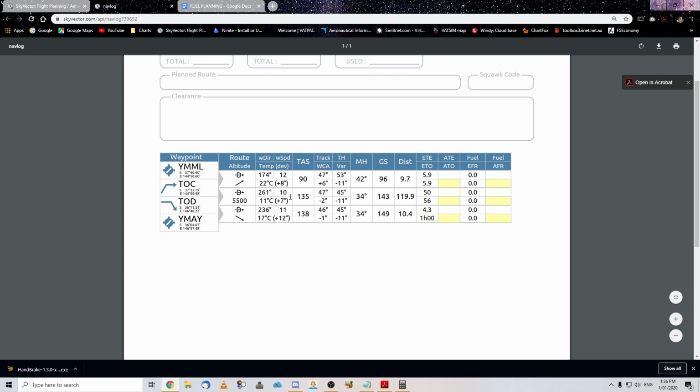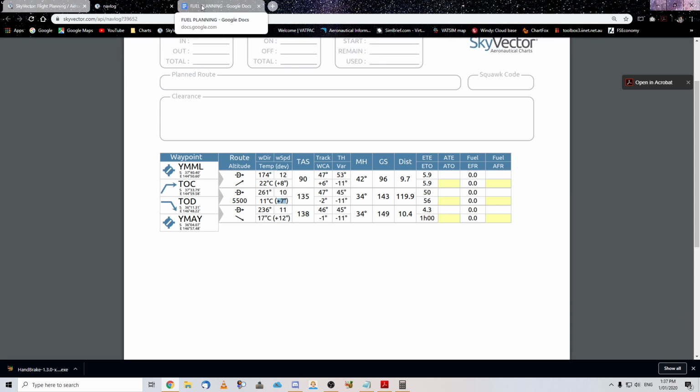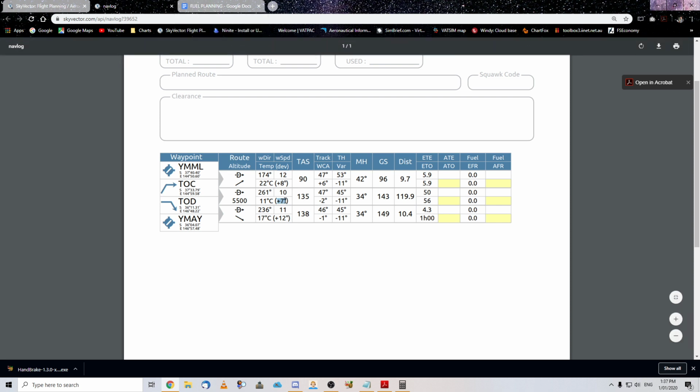So we're interested in this set of numbers all along here. And you can see that the temperature at 5,500 is going to be 11 degrees. So that equates to, and they've seen the deviation, that is ISA plus 7. So you don't have to work it out. There is a way of working it out, but you can see it's ISA plus 7.